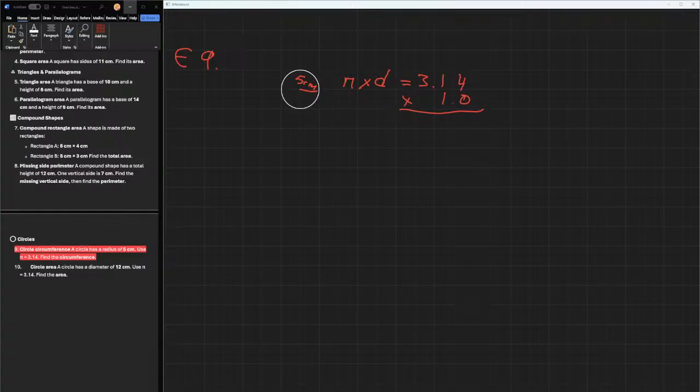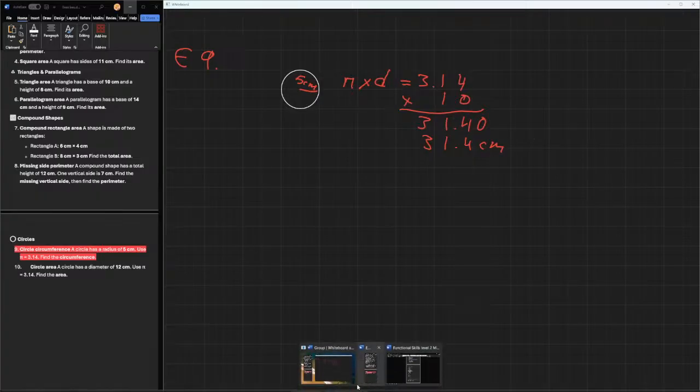I think it's going to be 31.4. Check question 9. Not sure, to be honest.